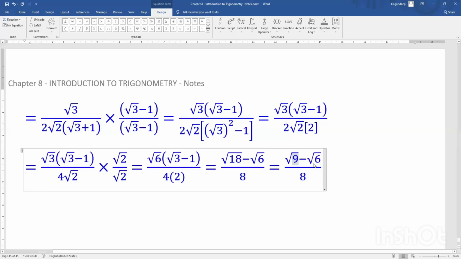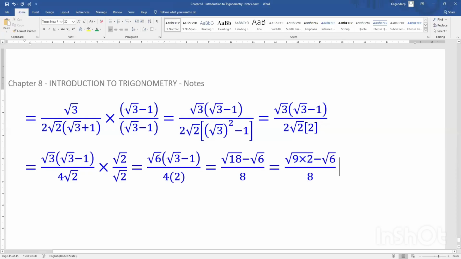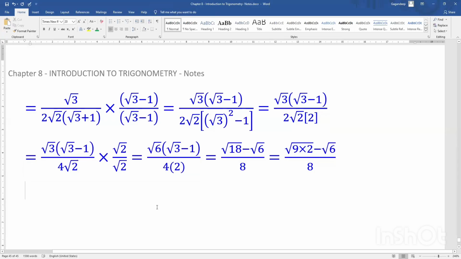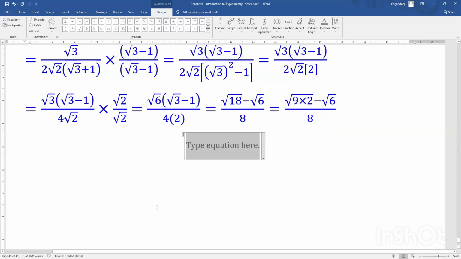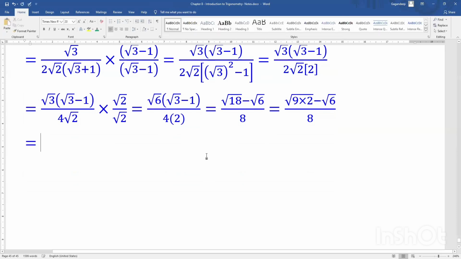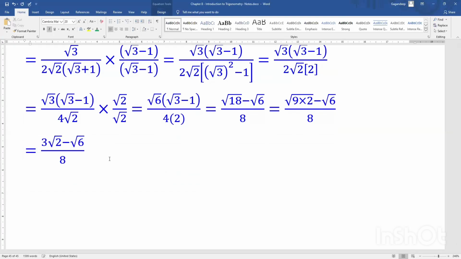We know that square root of 9 is 3. So that means you get 3 root 2 minus root 6 by 8. So it will be equal to 3 root 2 minus root 6 whole over 8. This will be the final answer.